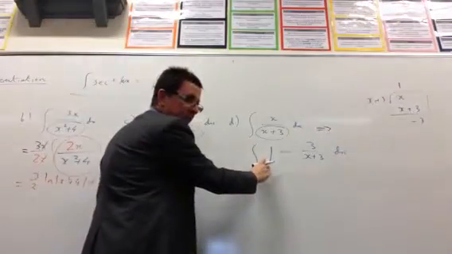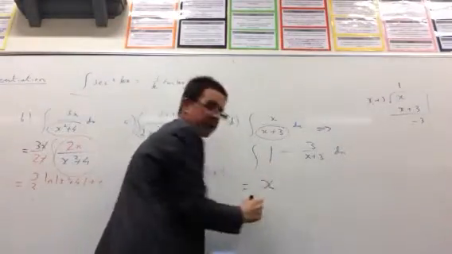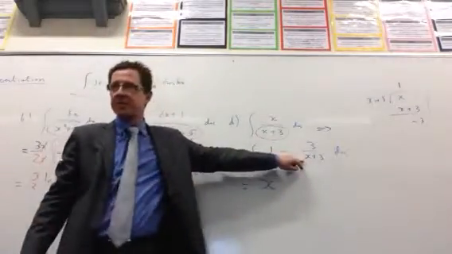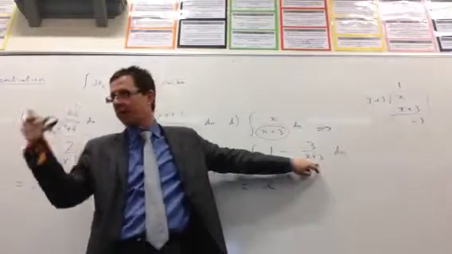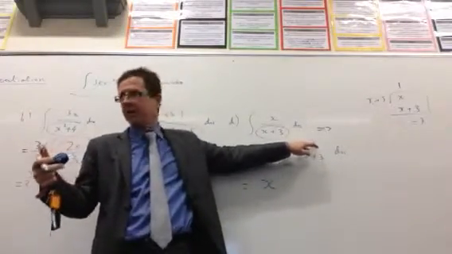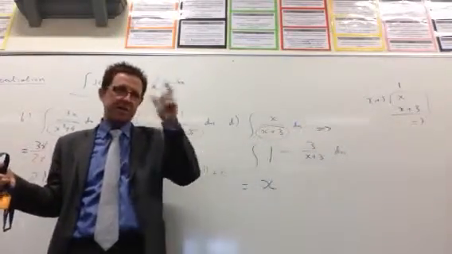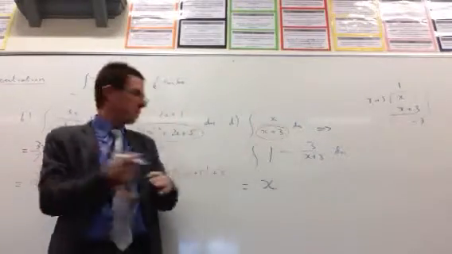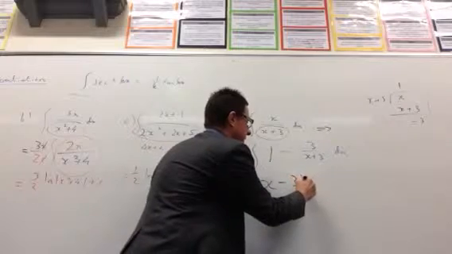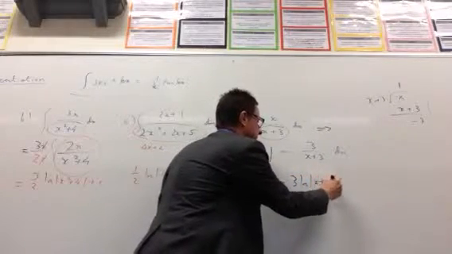The antiderivative of 1 is x. That's now a log, because the derivative of the bottom is 1. I've got 3, that's okay. I'm never phased by number differences, only by letter differences. Minus 3 log of x plus 3.